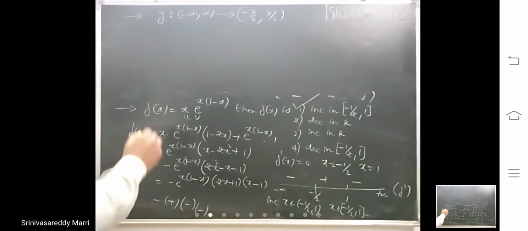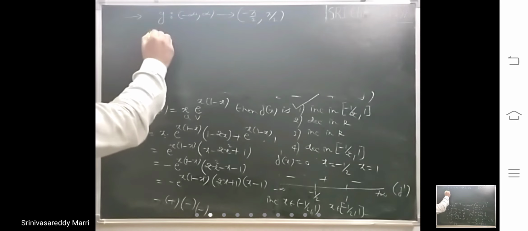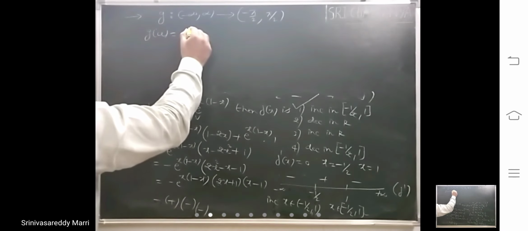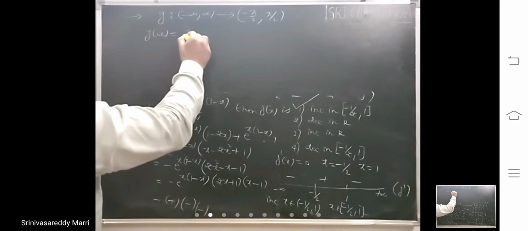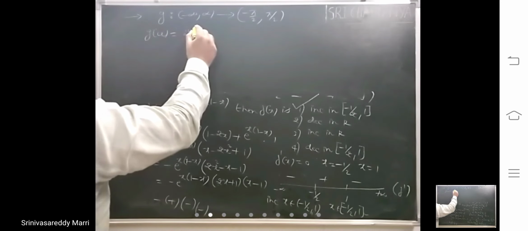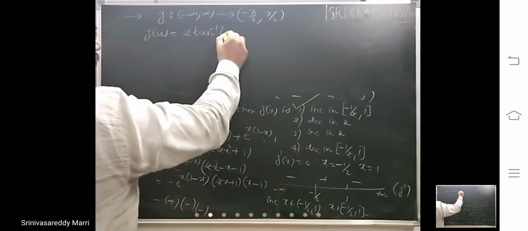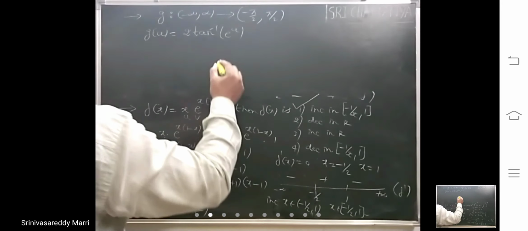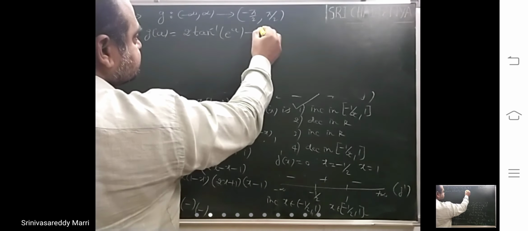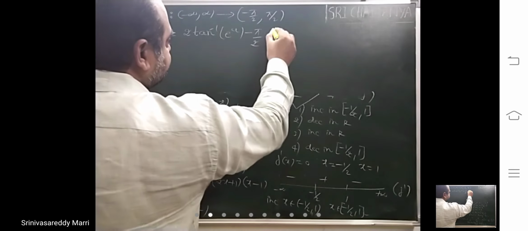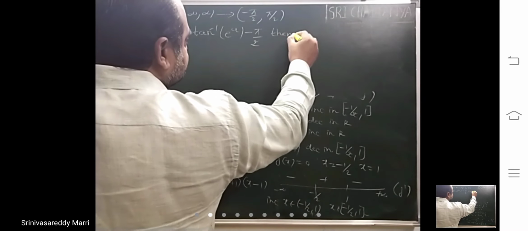He has given g as g of u equals 2 tan inverse e power u minus pi by 2. Pi by 2. He has given one function.